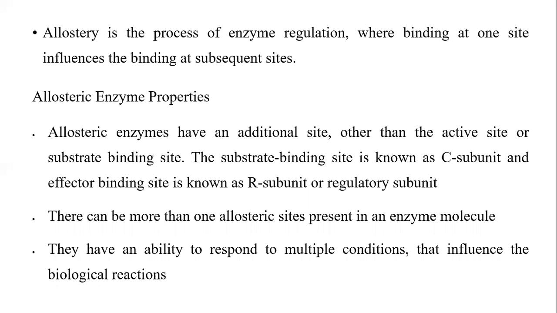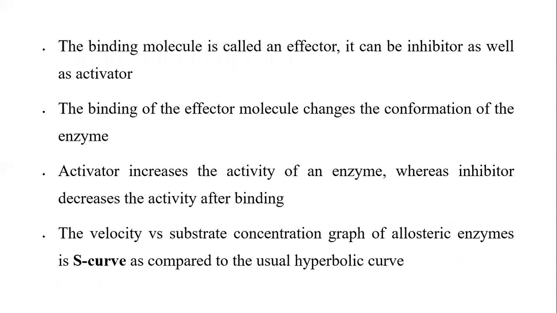There can be one or more allosteric sites present in the enzyme molecule. The next property is that the molecule binding to the allosteric site is an effector molecule. It can be an activator or it can be an inhibitor. Once this effector molecule binds to the allosteric site, it changes the conformation of the enzyme.